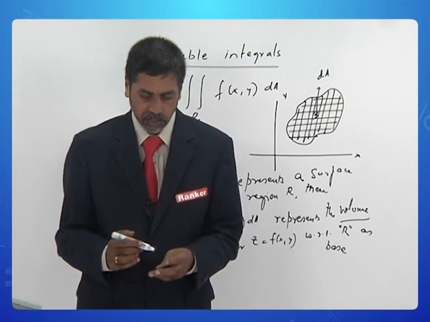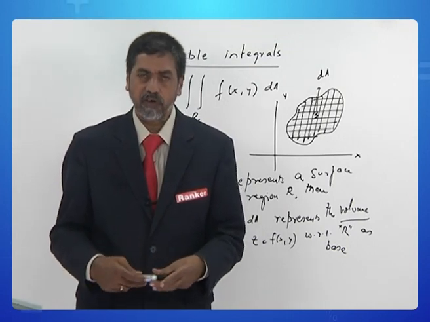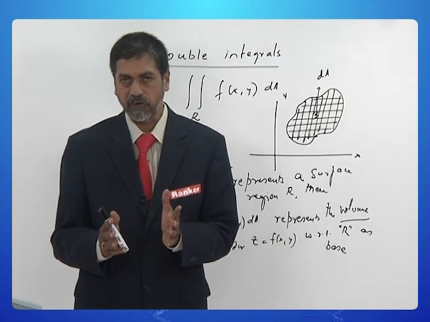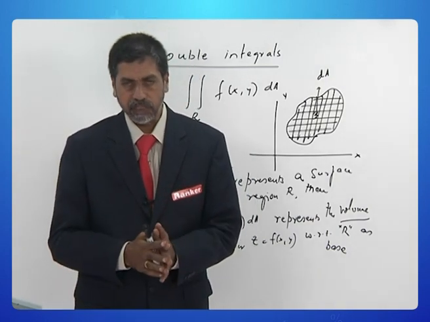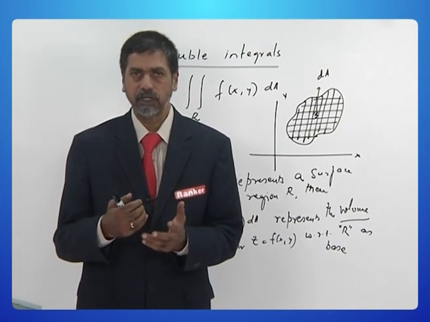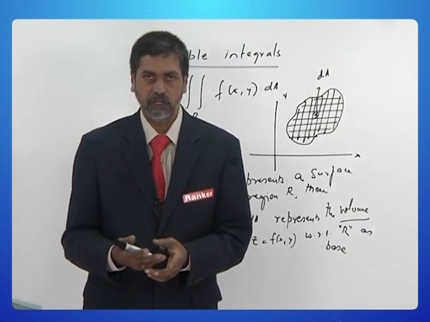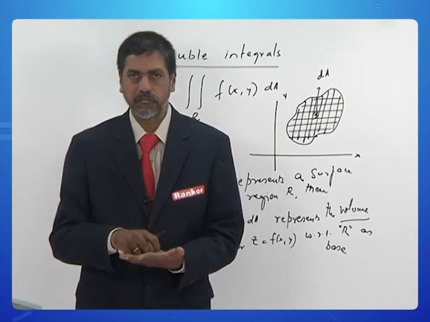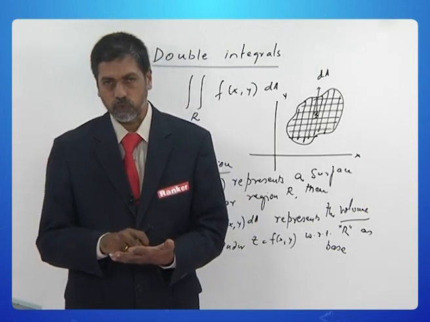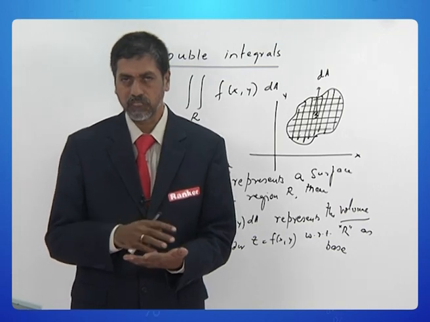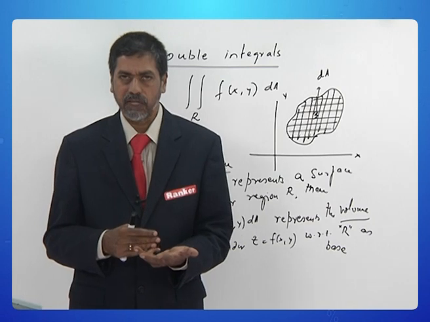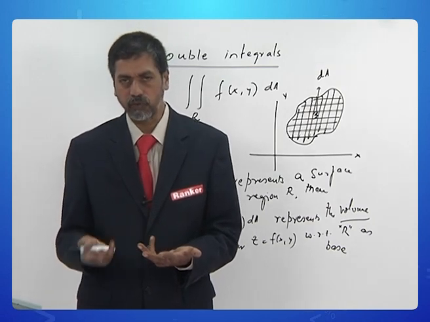Now what happens in other cases? Suppose f of xy happens to be the density function of that solid, then the double integral gives us mass. So as I told you, it all depends upon the interpretation of f of xy. So two things we are discussing straight away. One thing is f of xy as a surface equation, then we are in volumes.